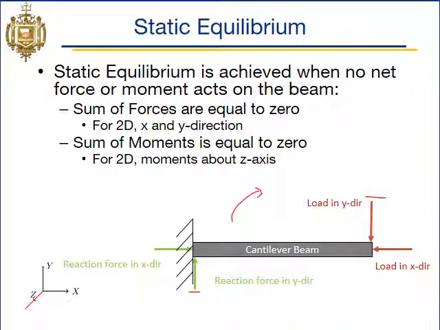If we just put those forces on there, it'll rotate this way. And so to combat that, our fixed connection also is going to provide a reaction moment about the z-axis. That way, this cantilever beam does not experience any kind of rotational acceleration because of the loading. So on our fixed connection here, remember we have a reaction force in the y, a reaction force in the x, and then this reaction moment about the z-axis to keep this thing from rotating that way.